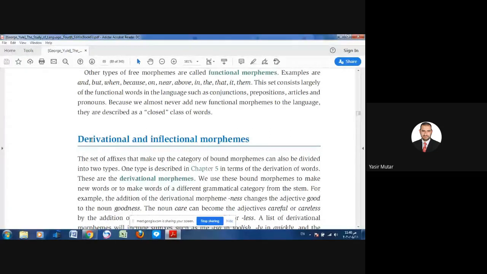Those free morphemes can stand by themselves without the need of help from the other morphemes. So, for example, the word open, or the verb bright, or the adjective clean, they can stand by themselves.